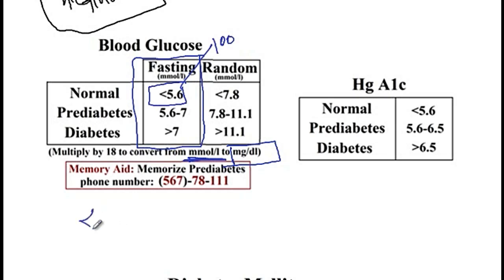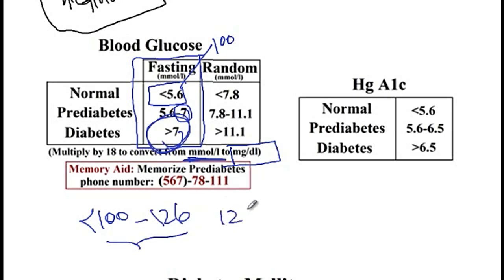So normal fasting blood sugar should be less than 100 milligram per deciliter. For pre-diabetics, it's 100 to 126. If you multiply 7 by 18, it will give you 126. So that would be pre-diabetic. And if someone is diabetic, their fasting blood sugar would be more than 7, which is the same as 126 milligram per deciliter. So their blood sugar would be more than 126.